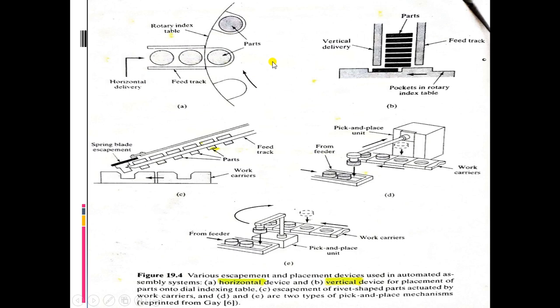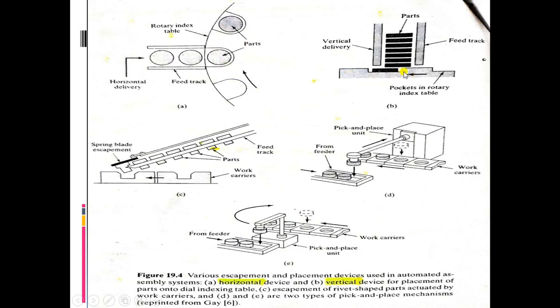Whenever this vacant position comes in front of it, the feed track will feed the component at this position, and then it will rotate like this.